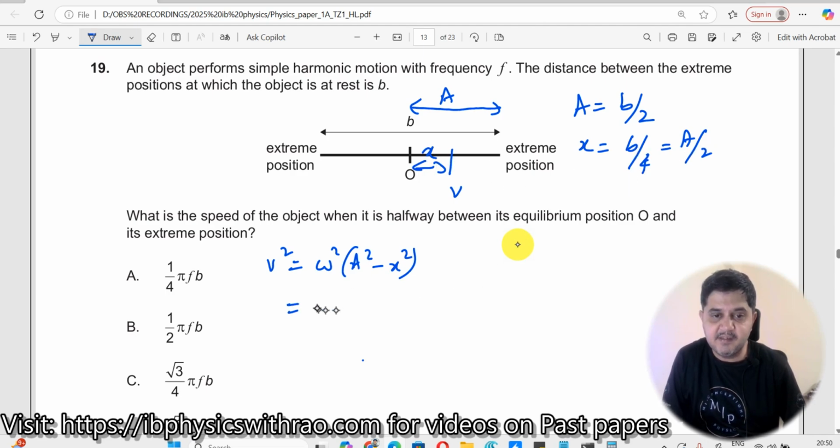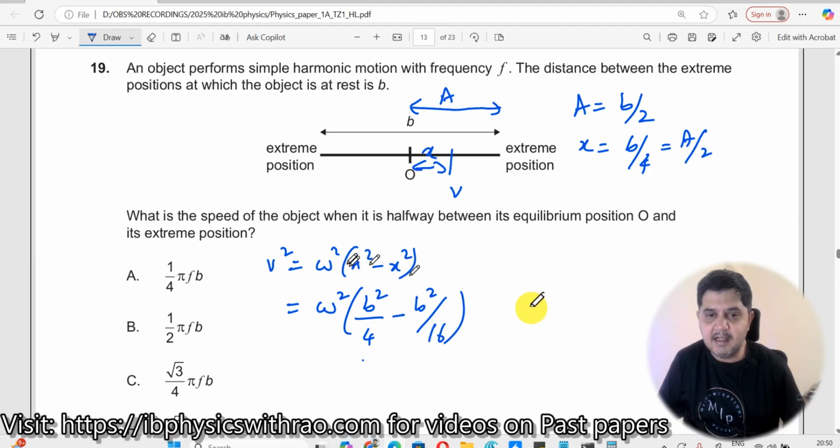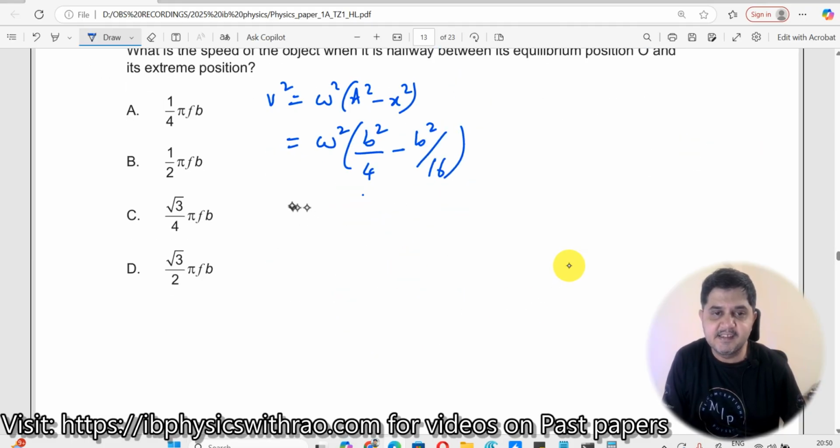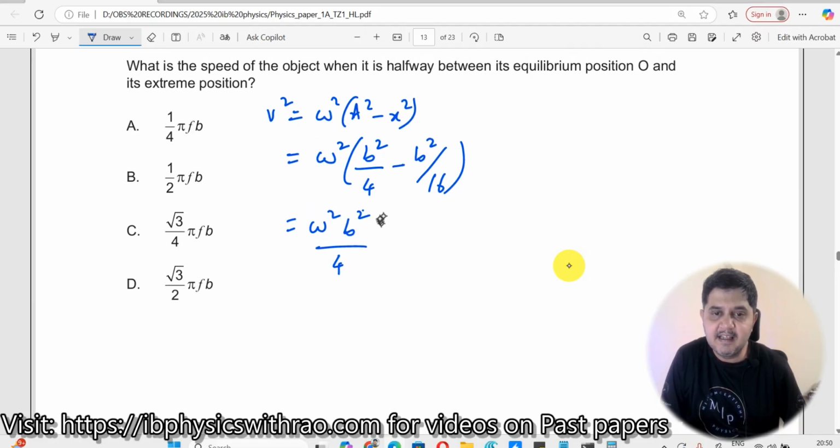Now let us plug in these values. I get v squared equals omega squared into (b squared by 4 minus x squared). x squared becomes b squared divided by 16. Let's simplify this: omega squared b squared divided by 4, I take it common and write 1 minus 1 by 4.